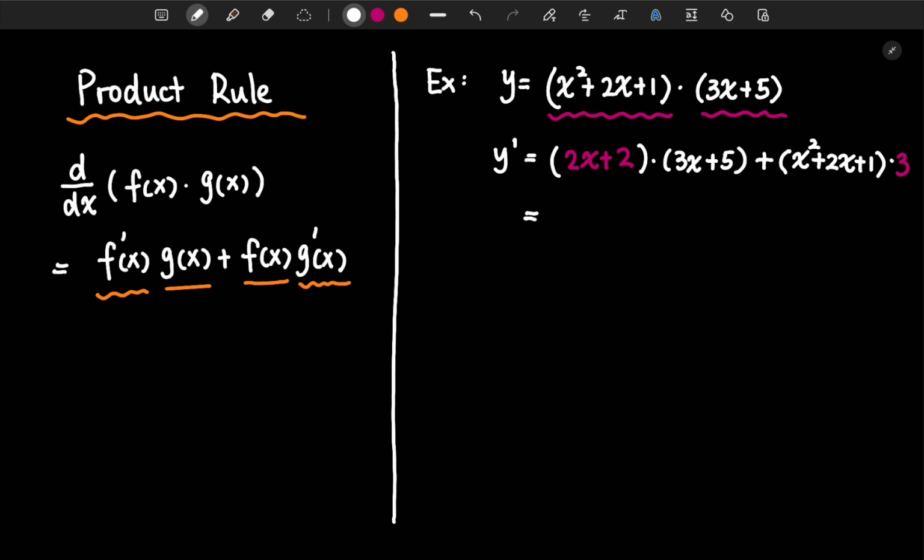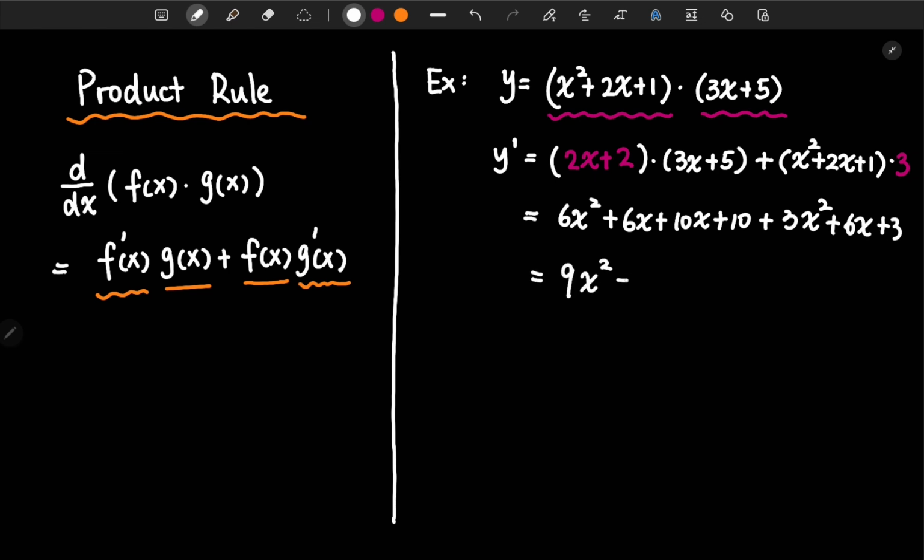Okay, now basically we already got the answer. We can further simplify this expression. Here, you have done calculating the derivative of this function.